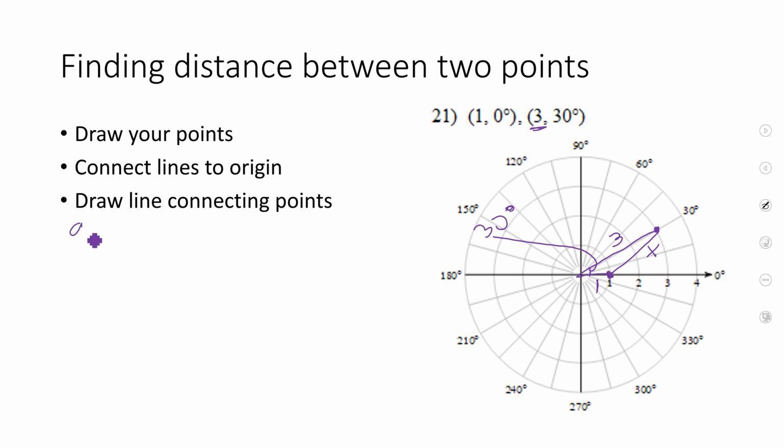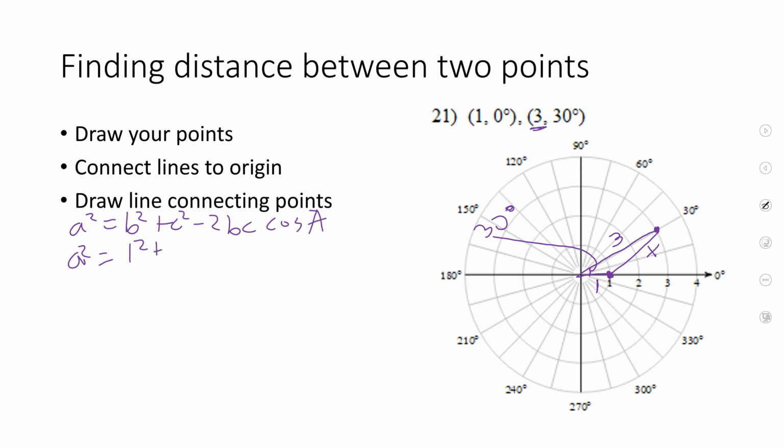Okay? From before, our law of cosines, a squared equals b squared plus c squared minus 2bc cosine of A. We're going to plug everything in. We're going to plug in our a squared is what we're solving for. B squared, it doesn't matter if you use 1 or 3. You can use either one. They both work.